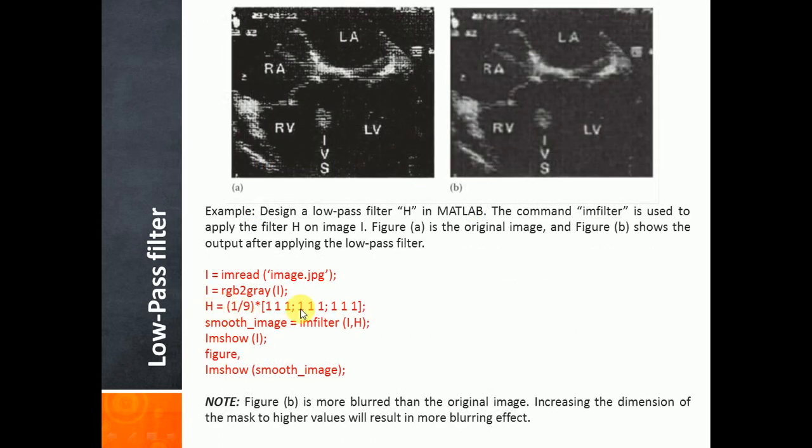This is how you define a 3 by 3 mask filter. If you want to apply this filter to the image, you apply the imfilter function, where you provide the image first and then the filter. This is stored as the smooth image, and then you show the original image and the filtered image.